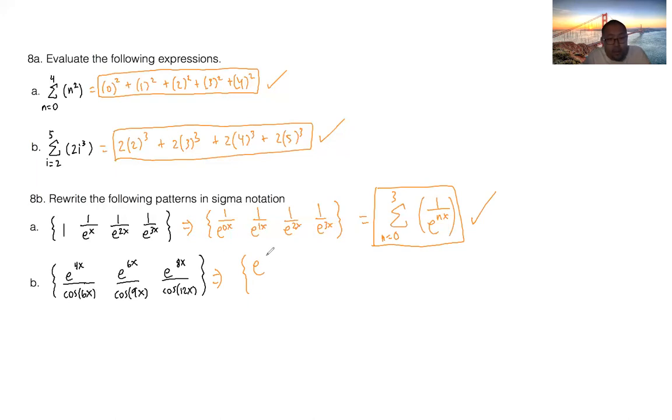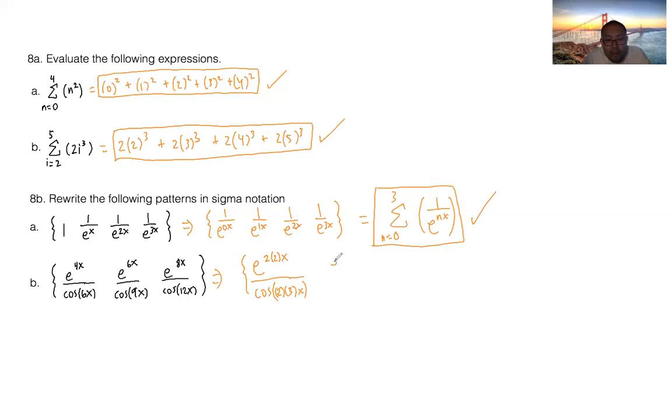So in this case, this is going to be 2 times 2 times x, which is 4x, over cosine of 6, which is 2 times 3, 2 times 3 times x, right?